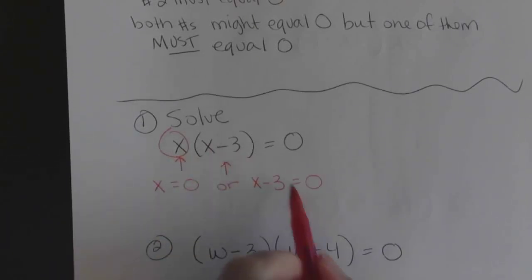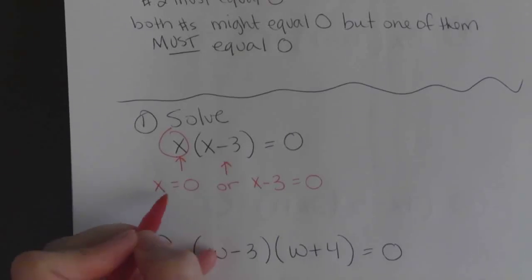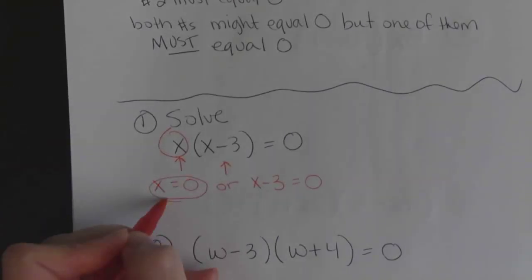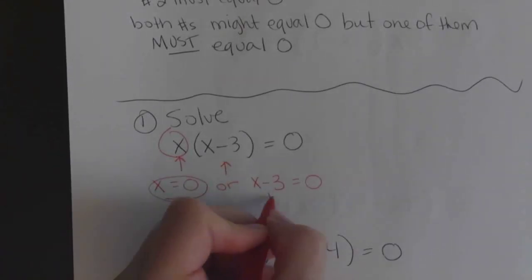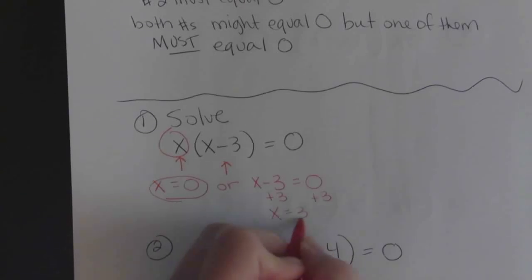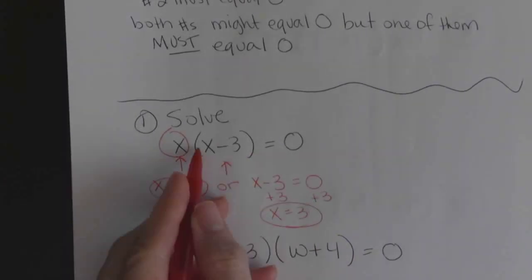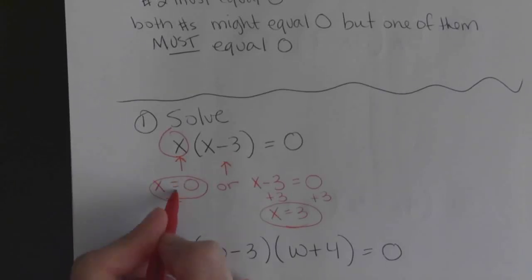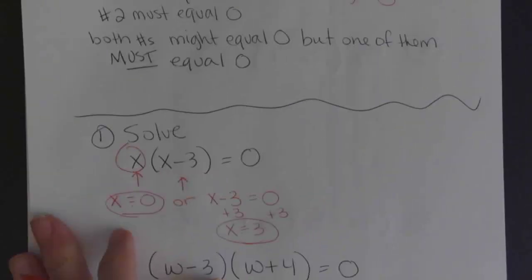See how I just took both parts and set them separately equal to 0? And then I solve. Well, this one's already solved for. And then here, I want to finish by solving for x, so I'm going to add 3 to both sides, and I'm going to get x equals 3. So if this is a true statement, then either x must be 0 or x must be 3.